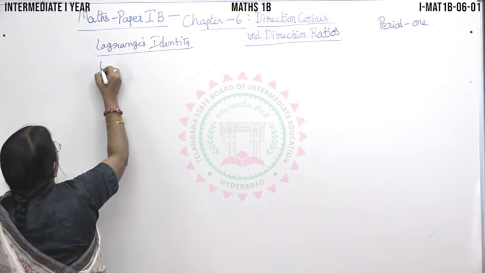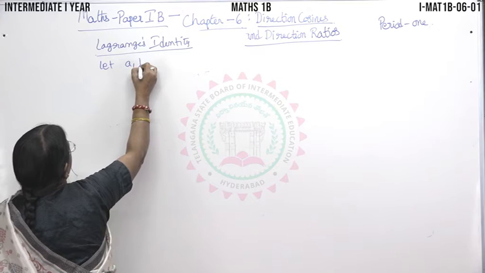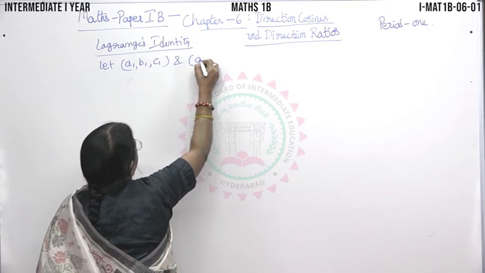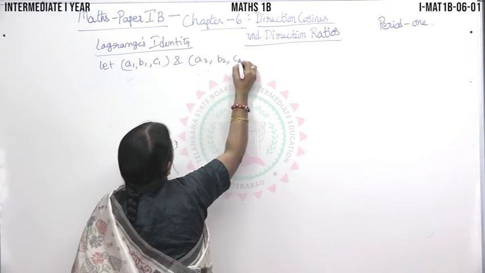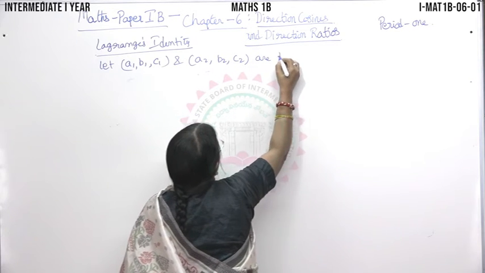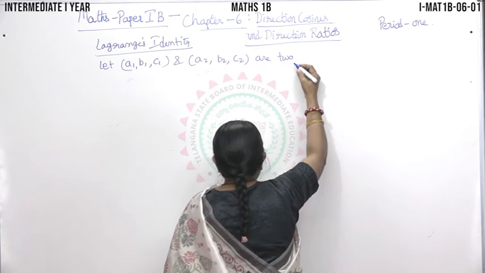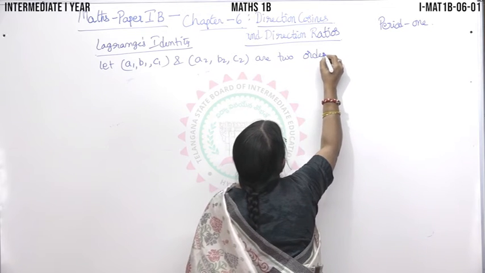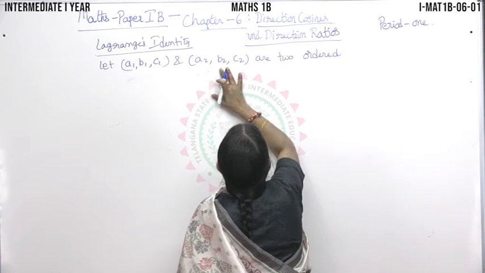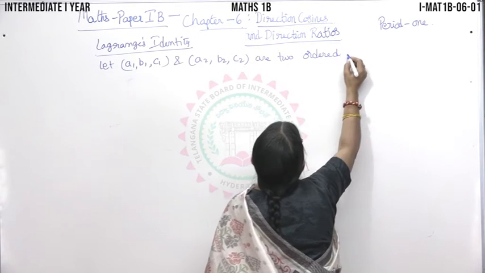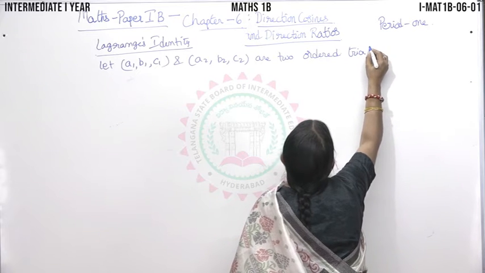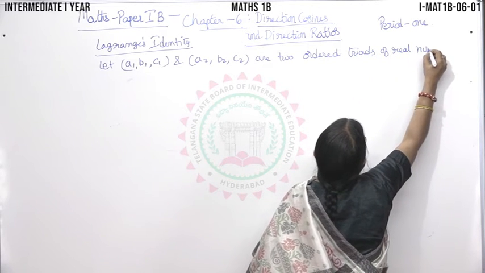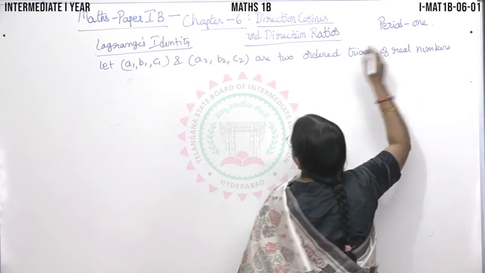Suppose that A1, B1, C1 and A2, B2, C2 are 2 ordered triads of real numbers. This is the statement.